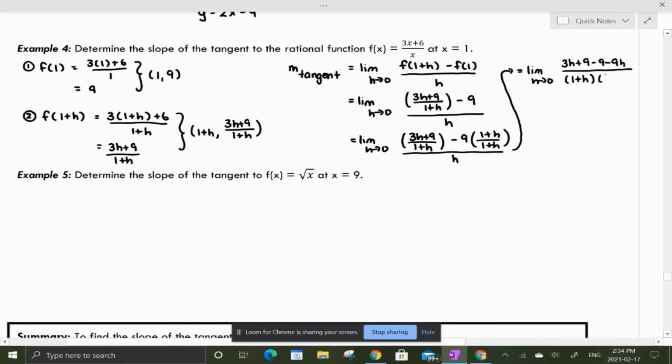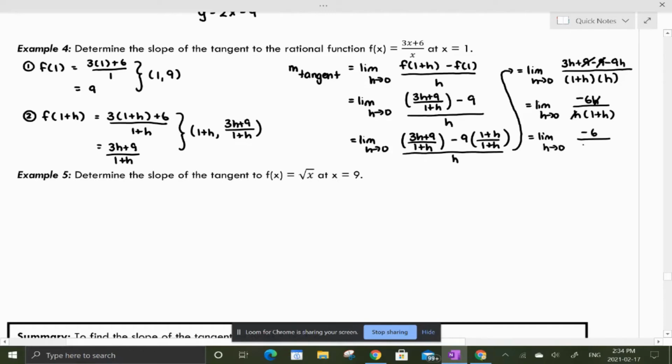I'm just going to cancel out some things, and then I'm left with the limit as h approaches 0 of negative 6h over h times 1 plus h. Right away I notice, hey, I can cancel some things out. I can cancel h and h, and then I'm left with the limit as h approaches 0 of negative 6 over 1 plus h.